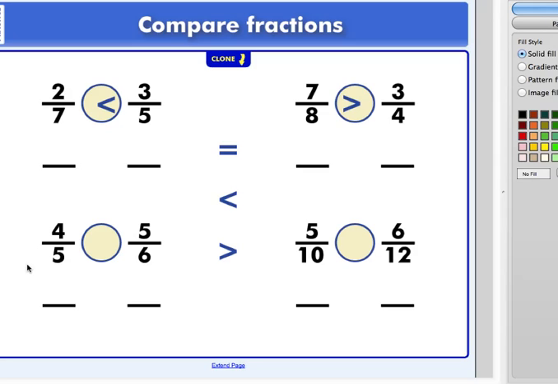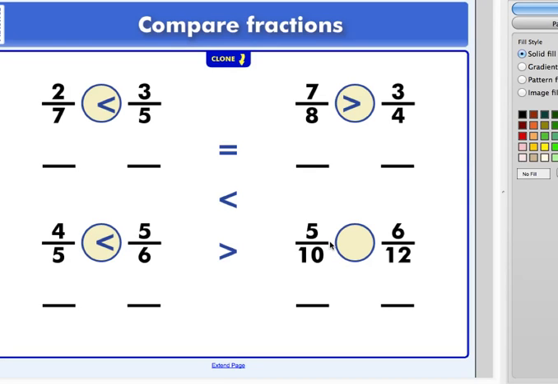And we're going to talk more about making equivalent fractions in a couple of days. This is something you've done in the past, but maybe your brain's a little cobwebby on it, and that's okay. So I would make an equivalent fraction. I have to multiply by 6 to get 30, so multiply this by 6. 24 over 30 here, and I'd have to multiply 6 times 5 to get 30, so 5 times 5 is 25. So I have 24 thirtieths, 25 thirtieths. Whoa, they're very close, but 4/5 is less than 5/6.